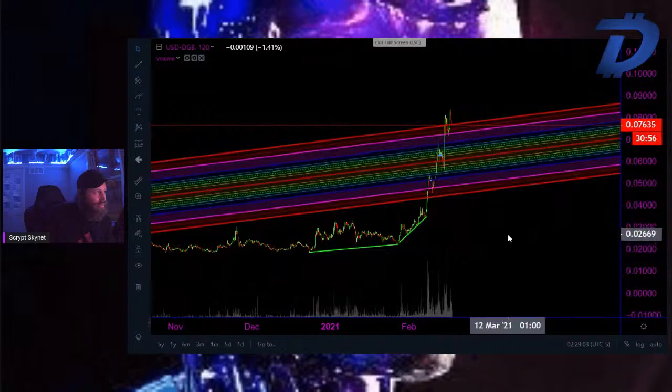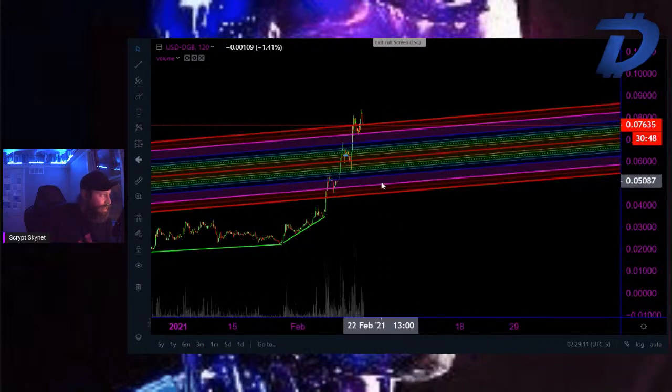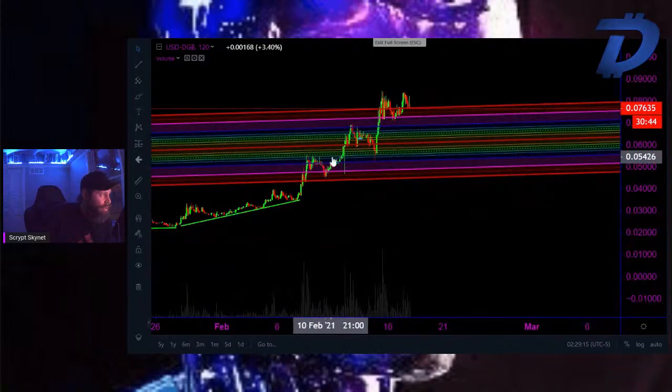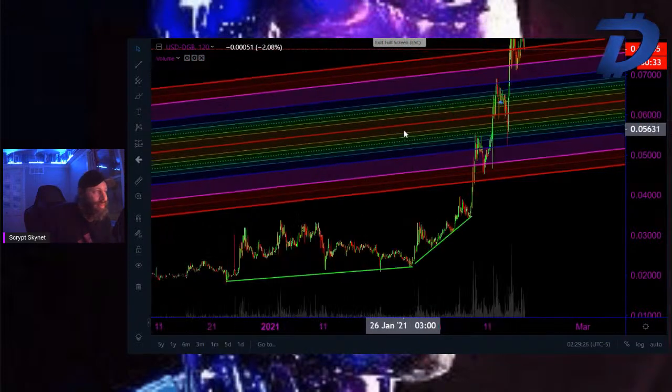And look at this thing. It's respecting it. I mean, right back into these channels. And this is where it was crazy a few days ago that was so critical. We were right in the middle of this median line, and I think that had something to do with it, guys. I mean, I don't know.